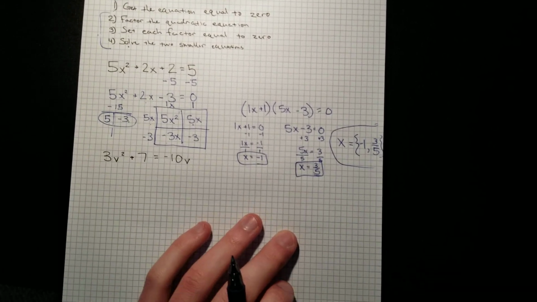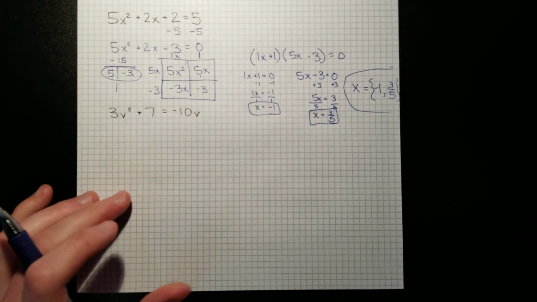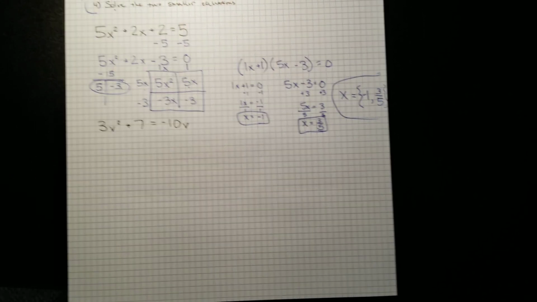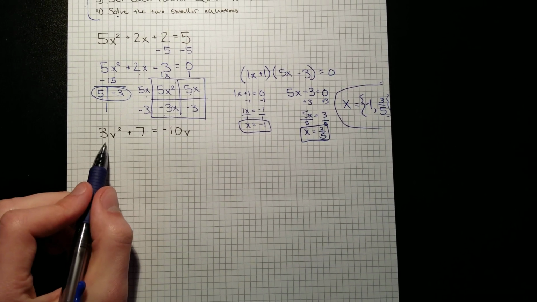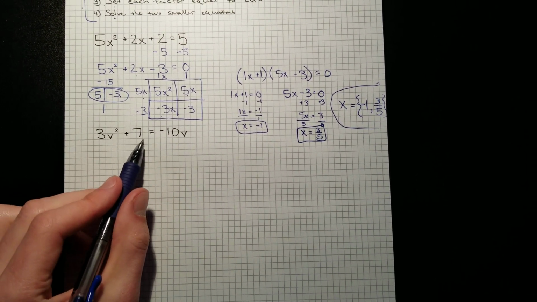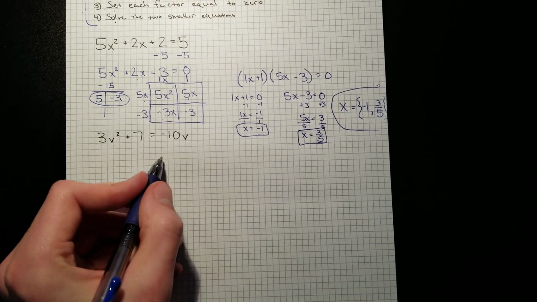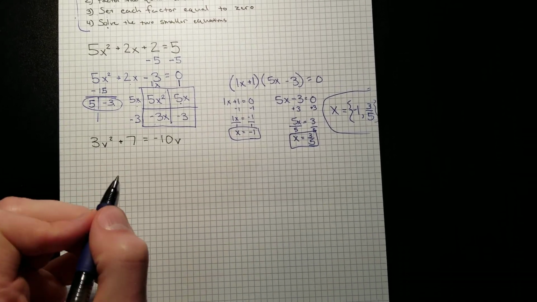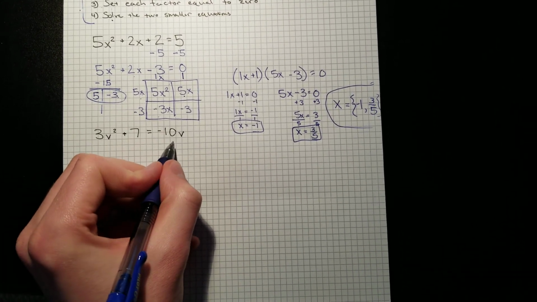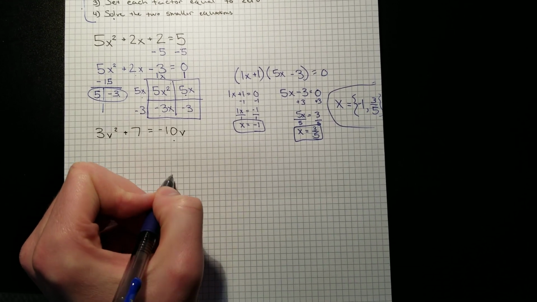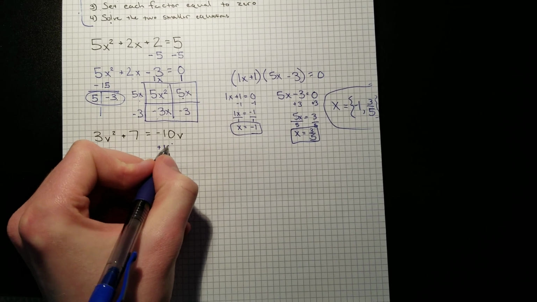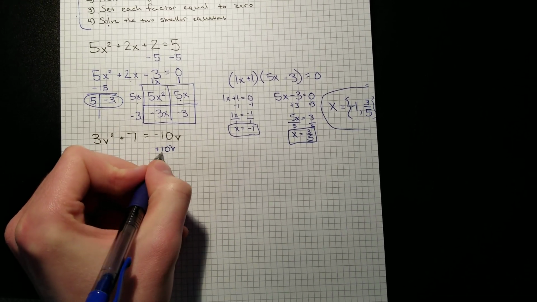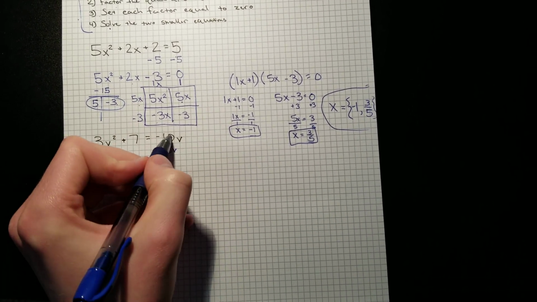All right, so for our second problem, that's going to be this one here. We have 3v squared plus 7 equals negative 10v. Again, I have to get one side equal to 0. I'm going to get this side equal to 0 because there's only one term right here. So I'm going to say plus 10v. My negative 10v and positive 10v would cancel.